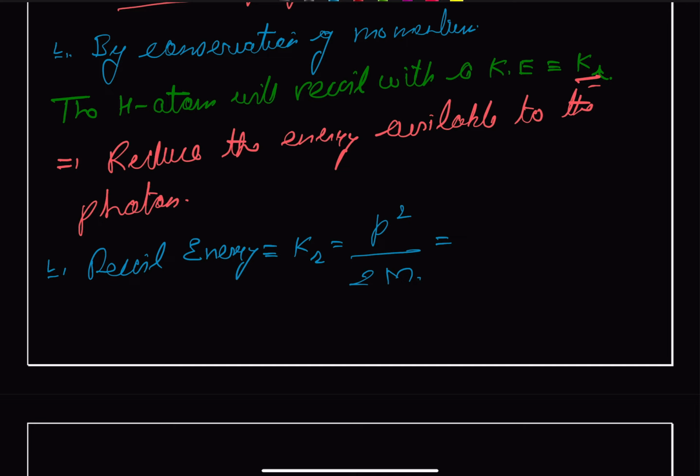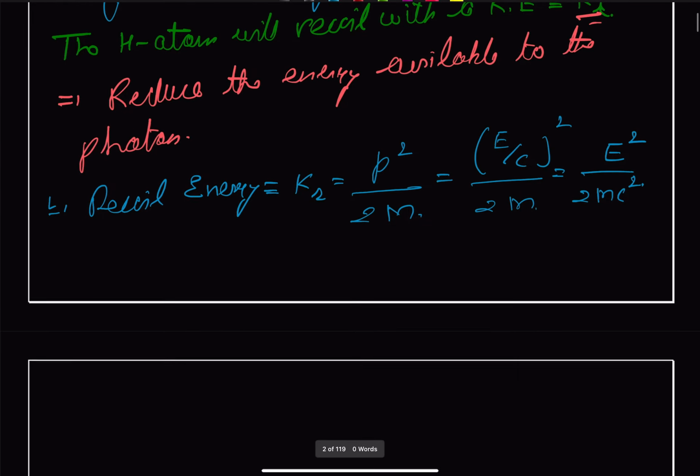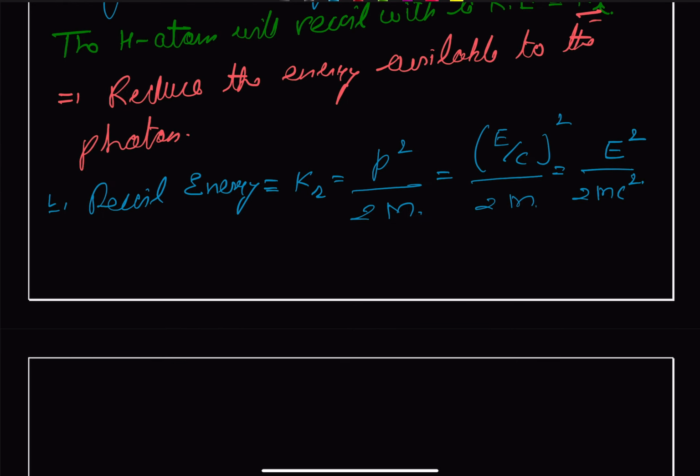So momentum we can write as energy upon c, and its whole square divided by 2 times m, which can be further written as E square divided by 2mc square. And we know all the values. Energy we calculated, mass is 1.6 into 10 to the minus 27, c is the speed of light.